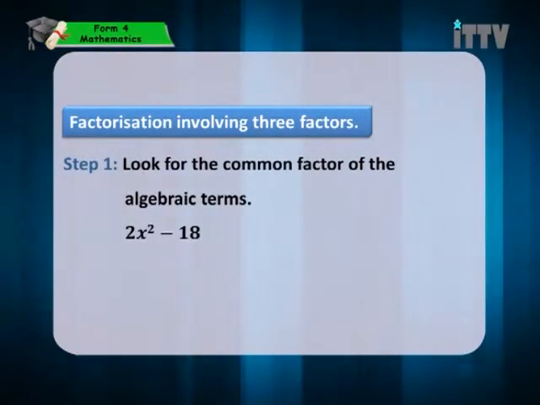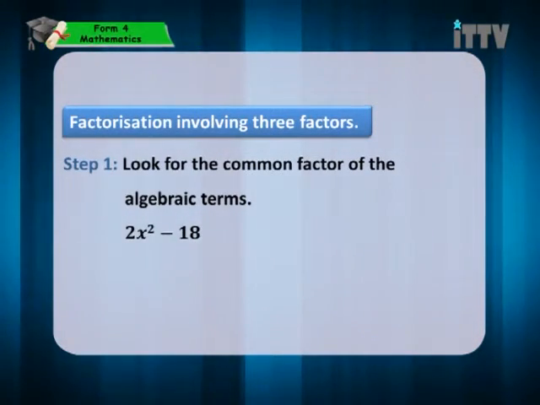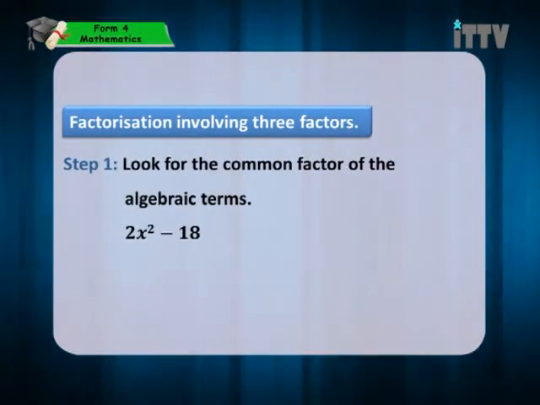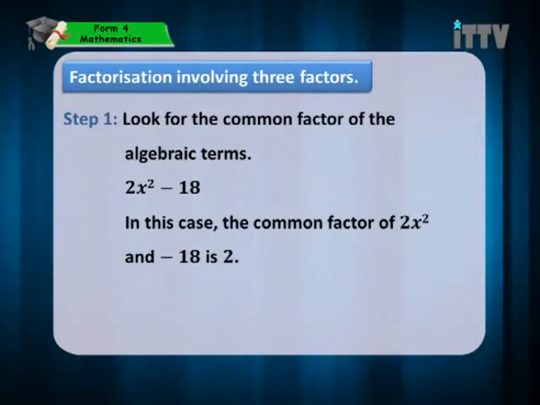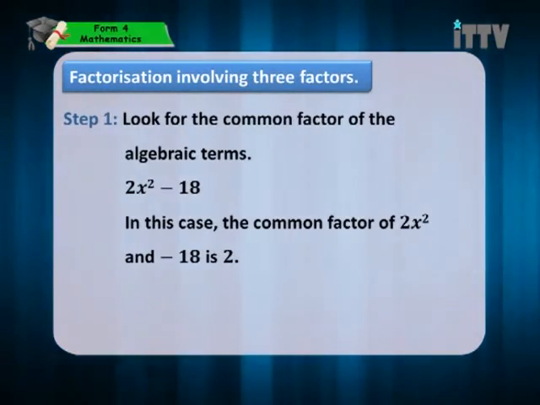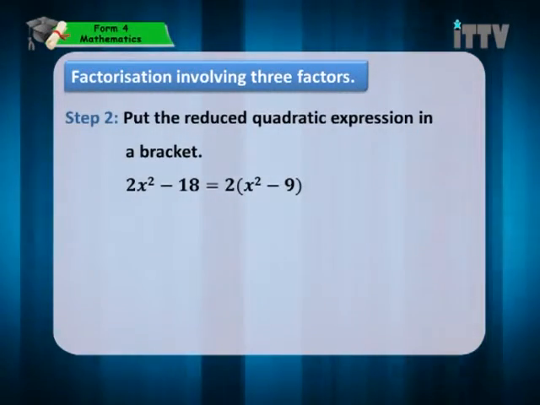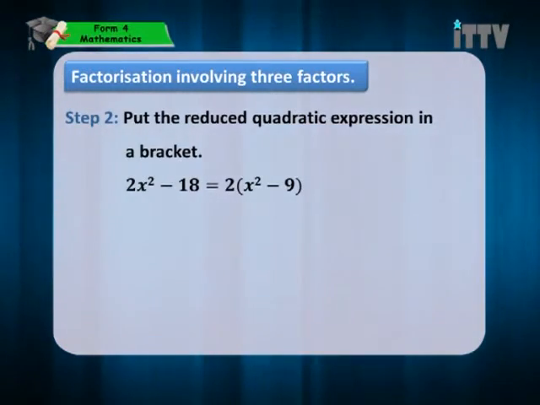For the expression 2x squared minus 18, step 1: look for the common factor of the algebraic terms. In this case, the common factor of 2x squared and negative 18 is 2. In step 2, put the reduced quadratic expression in a bracket.